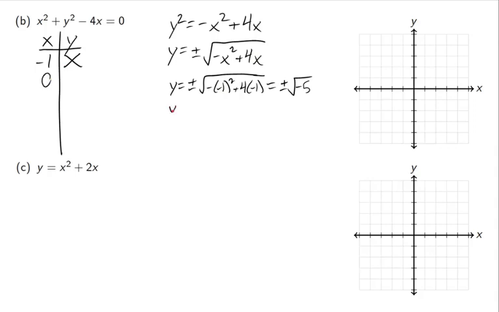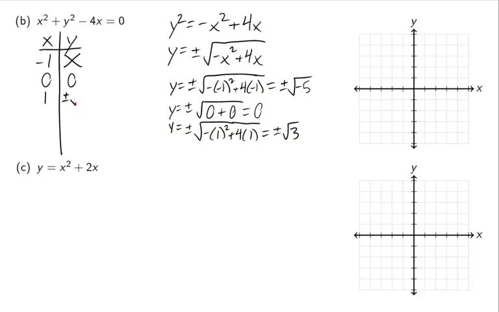Alright, let's try 0. At 0, I get y equals plus or minus the square root of 0 plus 0, so that's 0. At 1, I get plus or minus the square root of negative 1 squared plus 4 times 1. That comes out to be negative 1 plus 4, which is 3, so plus or minus the square root of 3.